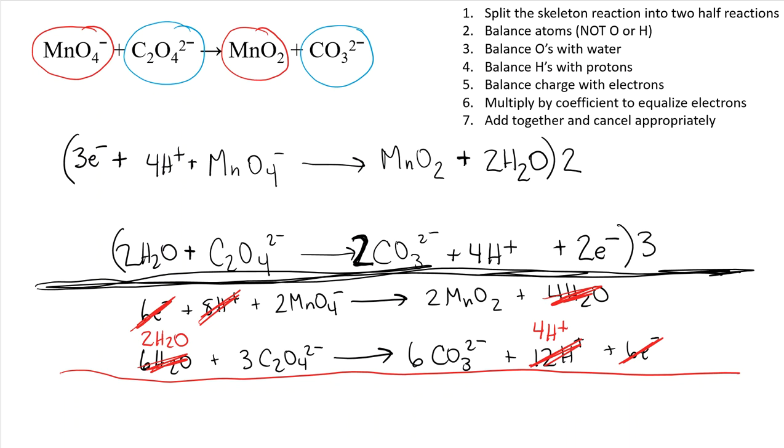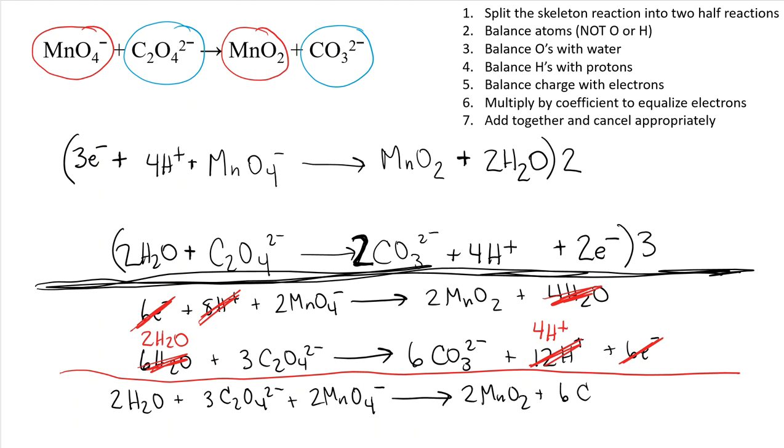And that's that. So now when we add them together, 2 water reacts with 3 C2O4 2 minus plus 2 MnO4 minus. That forms 2 MnO2 plus 6 CO3 2 minus and 4 protons.